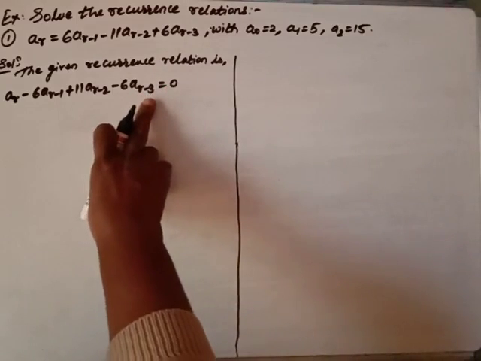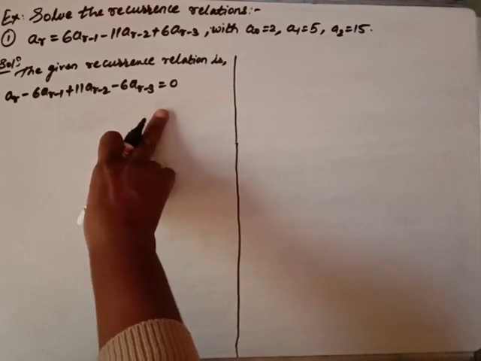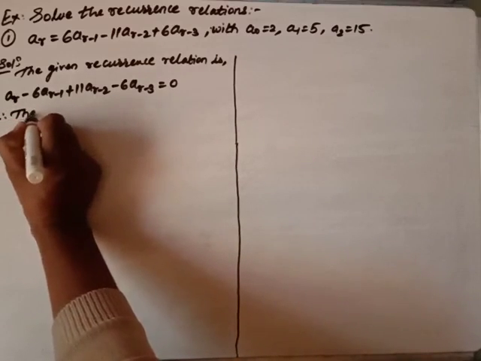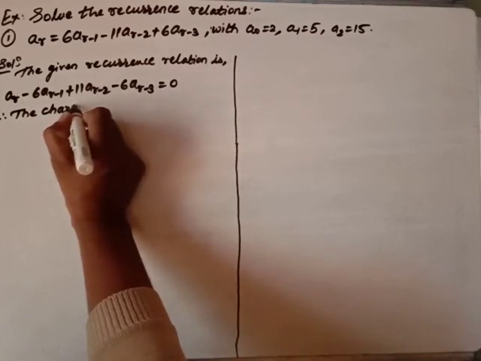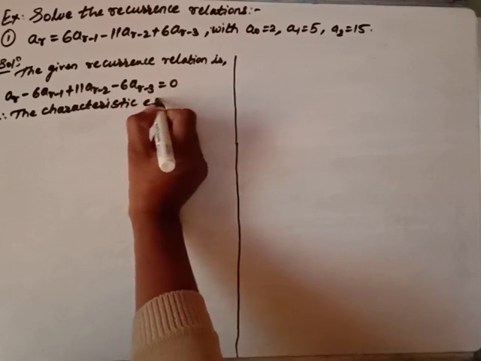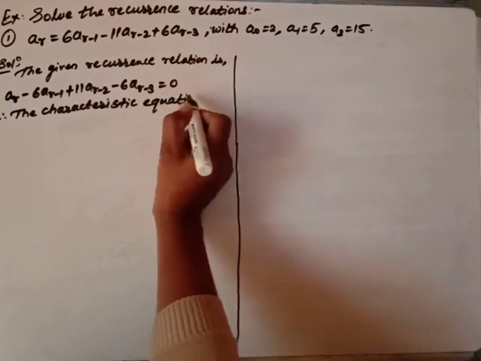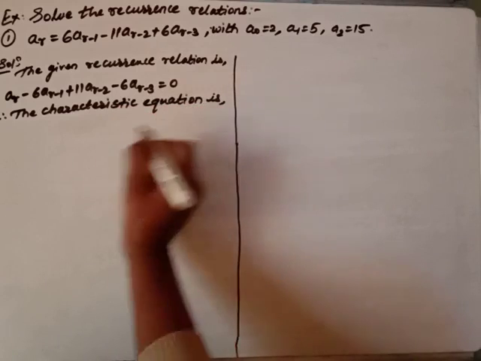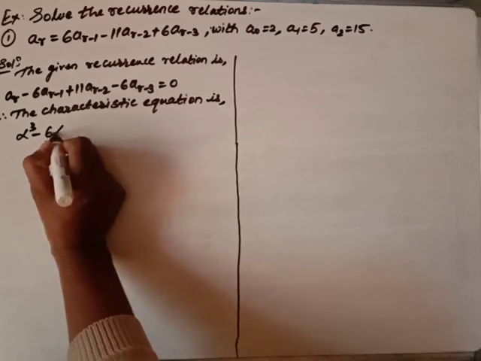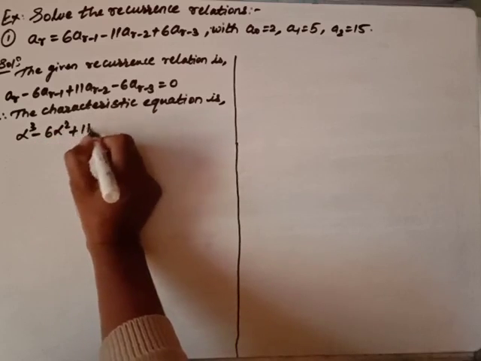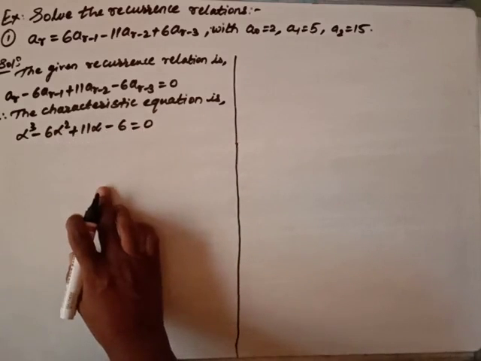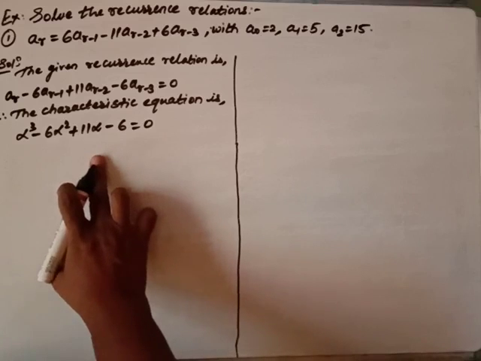Now here k is equal to 3, so it gives us a cubic characteristic equation. Therefore, the characteristic equation is alpha cube minus 6 alpha square plus 11 alpha minus 6 equal to 0.